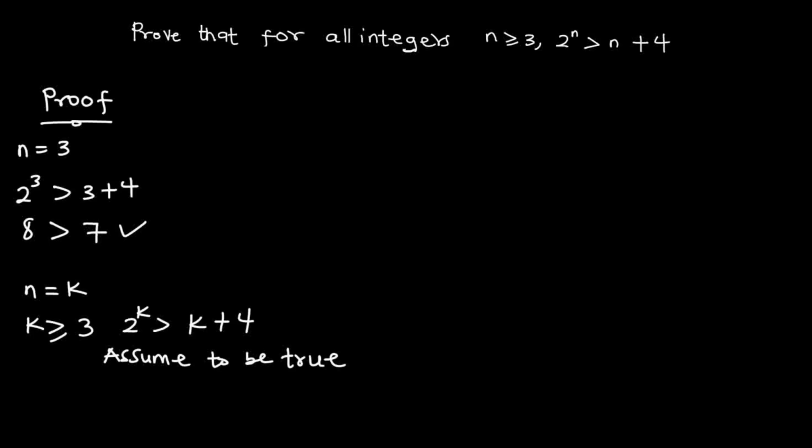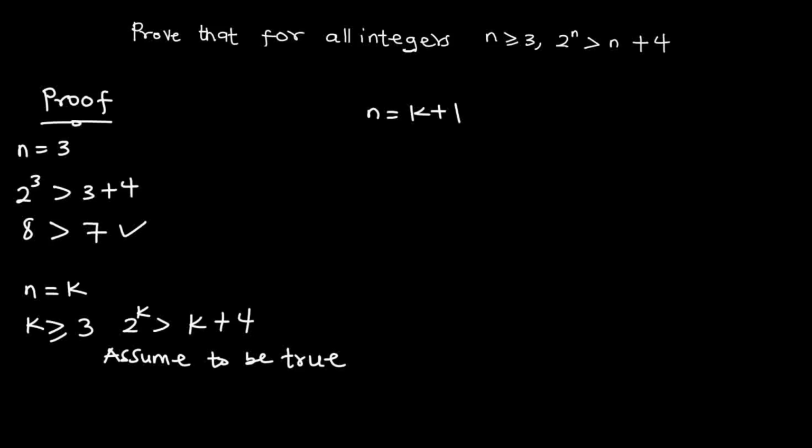When this statement is true for n equals k, then it has to be true for the next value that comes after k, which will be n equals k plus 1.